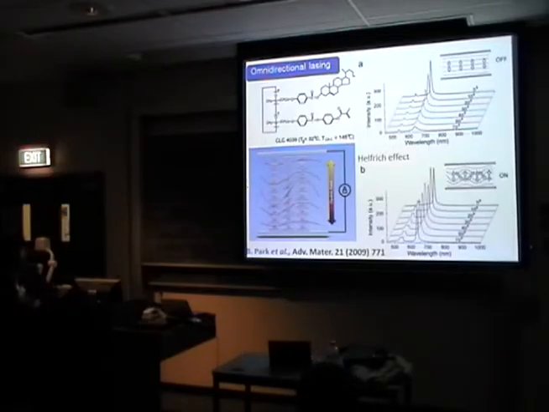A kind of electrohydrodynamics occurs. It's the Helfrich effect. So the cholesteric pitch direction is modulated like this. The pitch direction changes from this direction to this direction, and so forth.